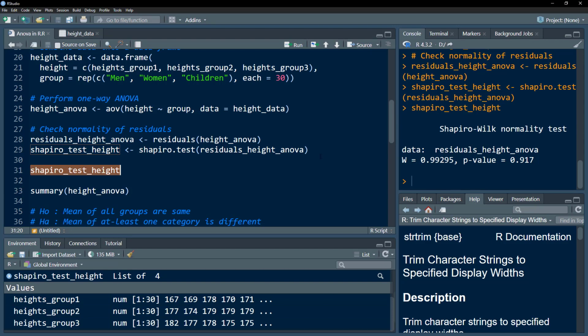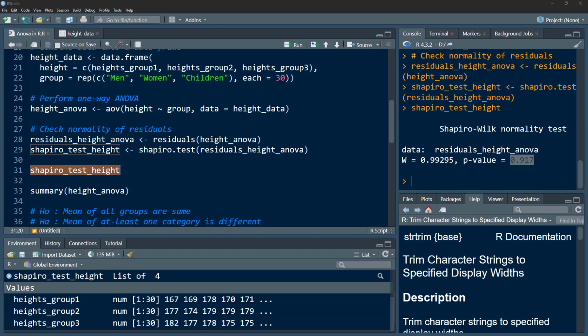So let's display the results, and we have the p-value. The null hypothesis of the Shapiro test is that the data is normally distributed, and the alternate hypothesis is that the data is not normally distributed. Because our p-value is greater than 0.05, we accept the null hypothesis, which is that the data is normally distributed.